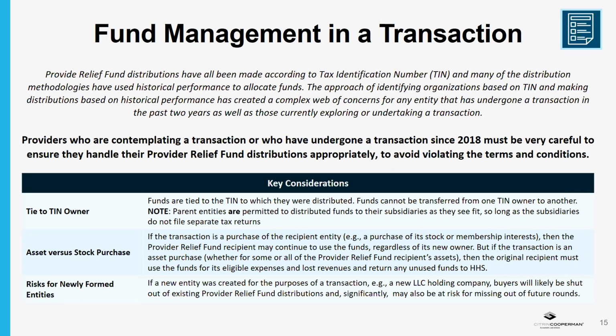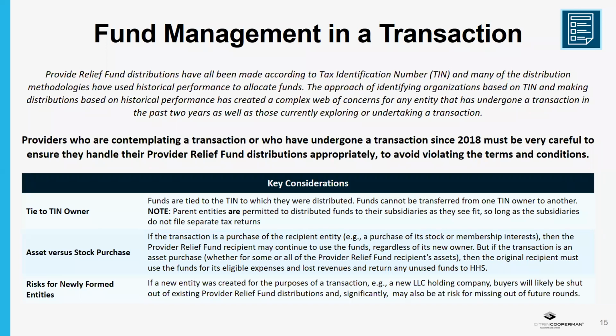What also has become clear based on this guidance is that there's really been a risk for newly formed entities. For those that did not provide care in 2019, they've largely missed out on a lot of the key distributions.